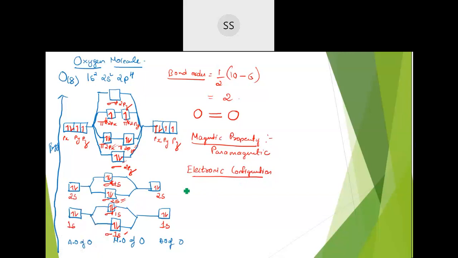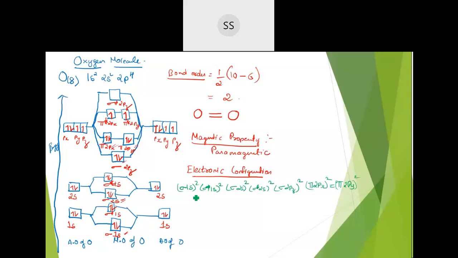I'll write here, see, sigma 1s has 2 electrons, then sigma star 1s having 2 electrons, then sigma 2s 2 electrons, sigma star 2s 2 electrons, then you are having sigma 2pz 2 in that, then we are having pi, so pi 2px 2 equal to pi 2py having 2.